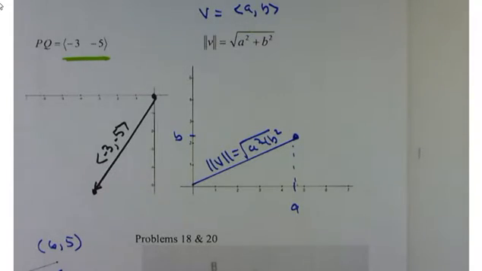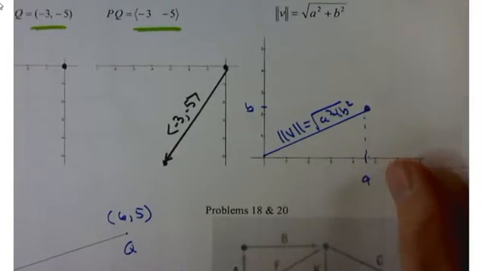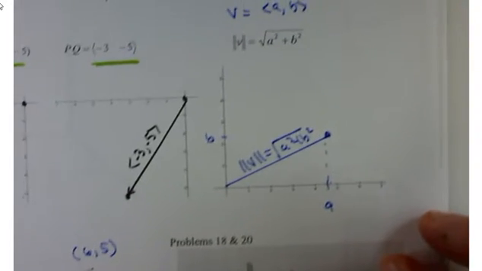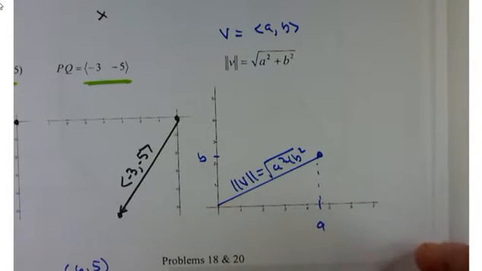Let's find the magnitude and direction for a problem like number 40. And another quick comment on notation. Sometimes we work with special vectors called i and j.